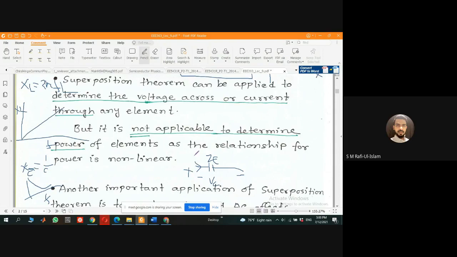In mesh analysis, loop analysis or node analysis, there is a branch where the voltage across this capacitor is VC, and the impedance of the capacitor is ZC. I ask you to calculate the current passing through that capacitor. What would be your answer? Sir, VC by ZC.